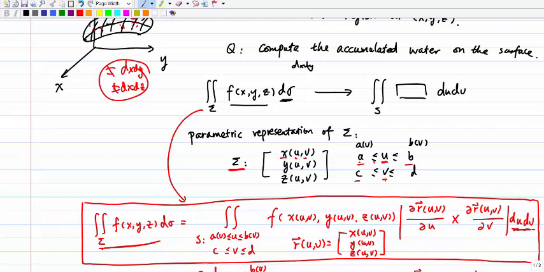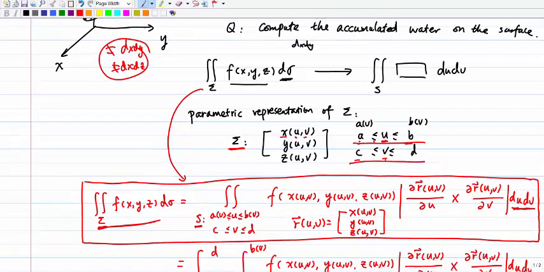Now here's what changes we make. First of all, we don't integrate over the surface anymore. We integrate only over an area. This is S, which is defined by u and v, the region of u and v. I'll talk about the next step, how to compute that. In the next step, we change the f function by replacing x, y, z with their parametric representation using u and v.